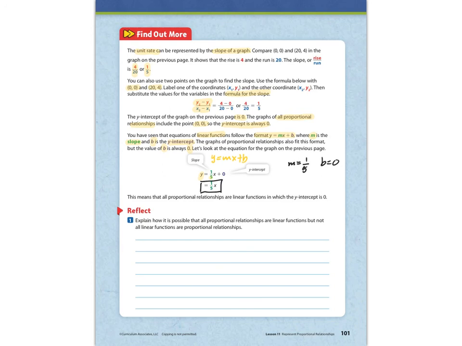So this means that all proportional relationships are linear in which the y-intercept is 0. So let's make sure that you actually have all of this down, highlighted. Okay, now you have a couple minutes to fill in the reflection part in a complete sentence.